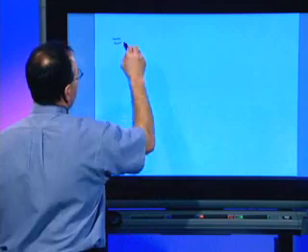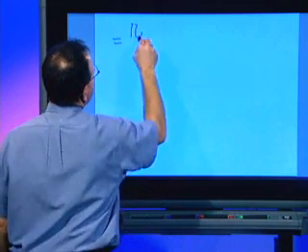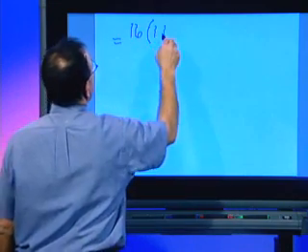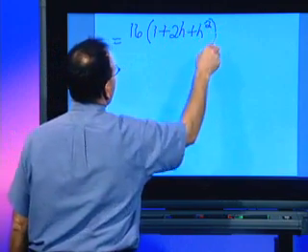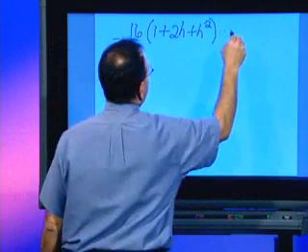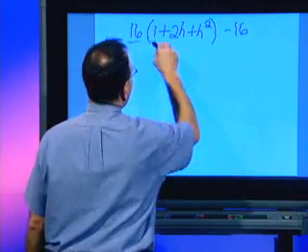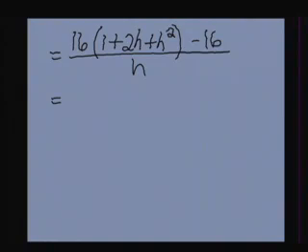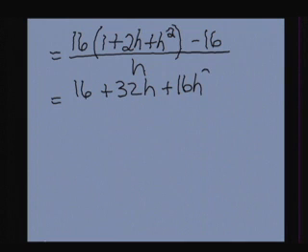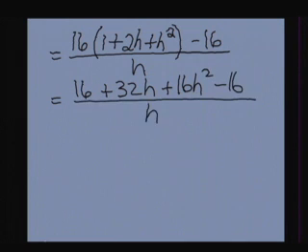So we would have that it's equal to 16 times 1 plus 2h plus h squared minus 16 all over h. That's going to be equal to 16 plus 32h plus 16h squared minus 16 all over h. 16 minus 16 gives us 0.